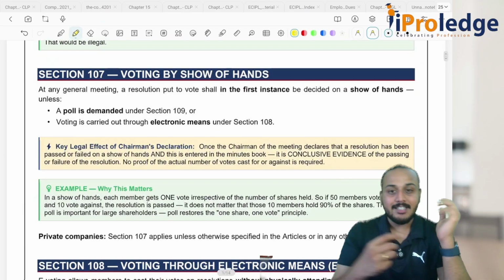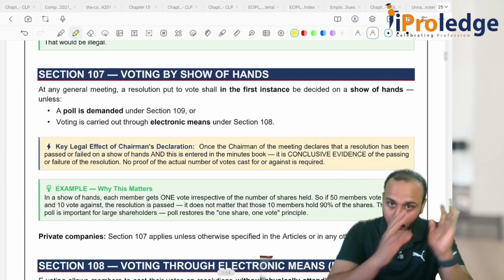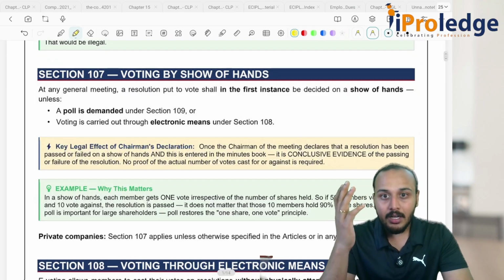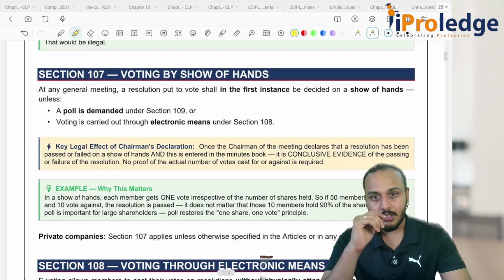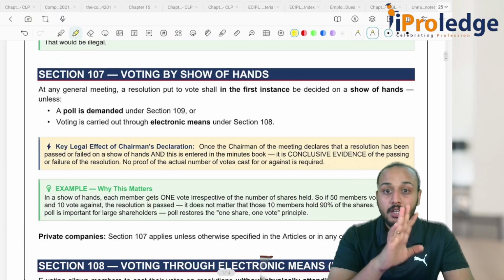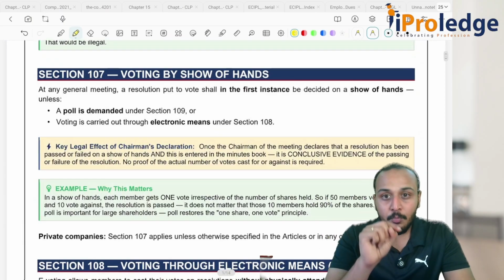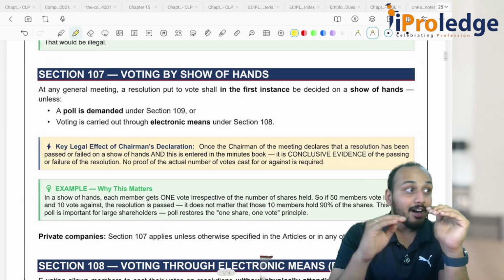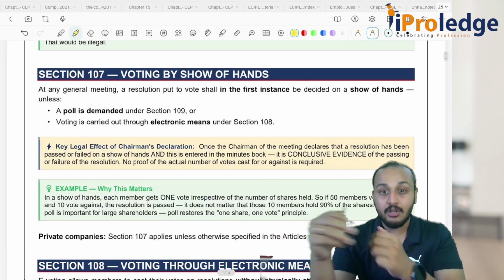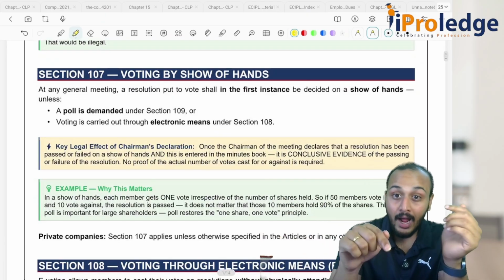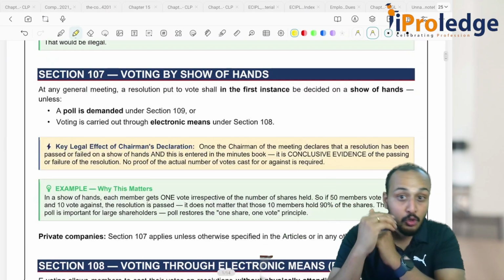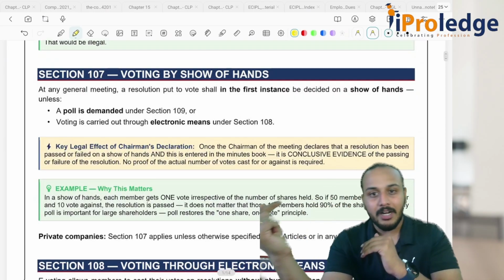And that is the reason. I might be a person who wants to vote against the resolution, but I am scared to tell the company that I am voting against it. So I'll go to section 109 and say, sir, I want to demand a poll. Poll is just like your legislative elections, where you go and press the button in the polling booth, and you do not get to know who is voting for which party.